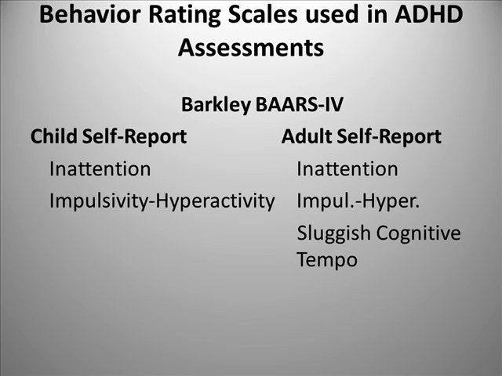Russell Barkley added an important dimension to adult ADHD diagnosis. We've got 20 years of literature that says a really nasty comorbidity in ADHD inattentive subtype is what's been pejoratively called sluggish cognitive tempo, slow cognitive processing. So he developed another 9 criteria that identify this.